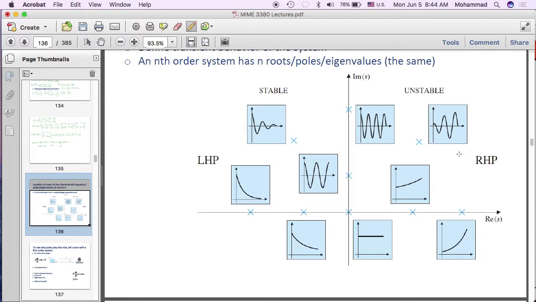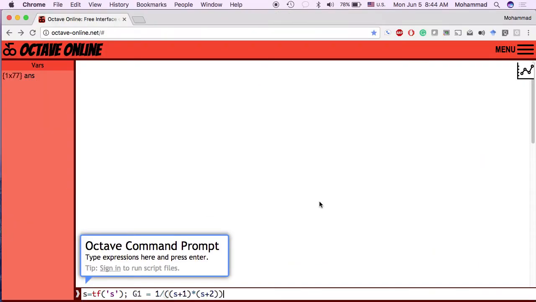If you look at the impulse response of that system, the poles are 2, and they're located here. Do you expect to see any oscillations? No oscillations. That is our expectation. So let's find the impulse response of this system.